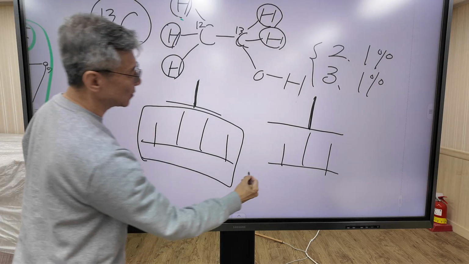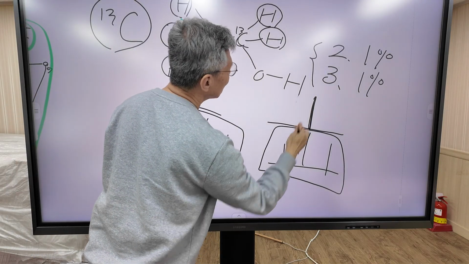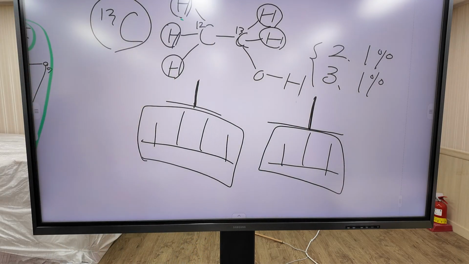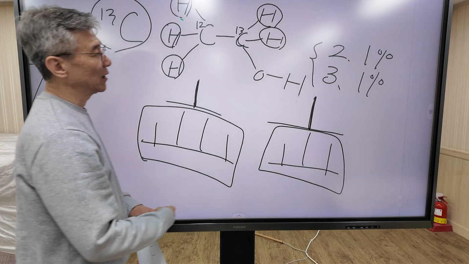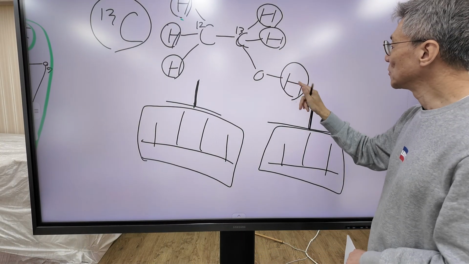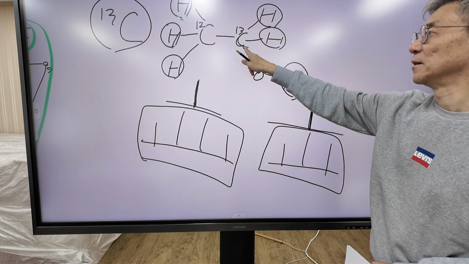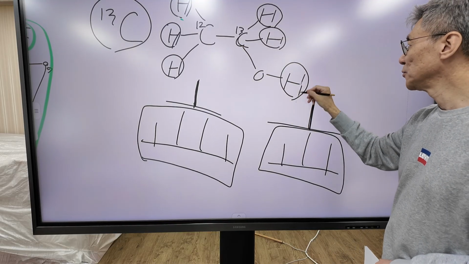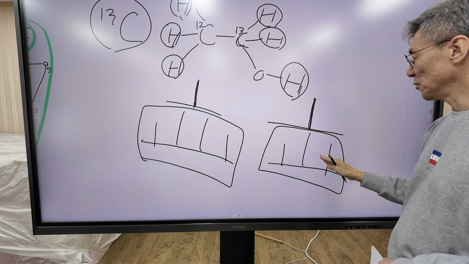So this is the spectrum obtained from molecule 3. But you might expect that this hydrogen can also be coupled to carbon 13. But the coupling due to this hydrogen is not shown in the spectrum.